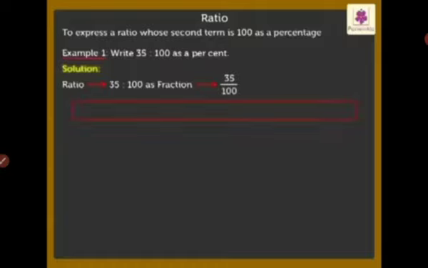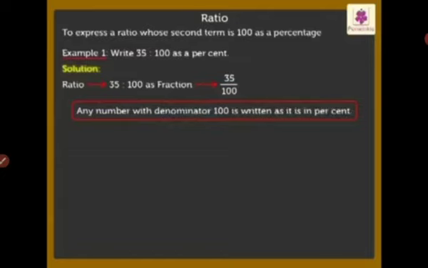We already know any number with denominator 100 is written as it is in percent. Thus, it is expressed in percentage as 35%.